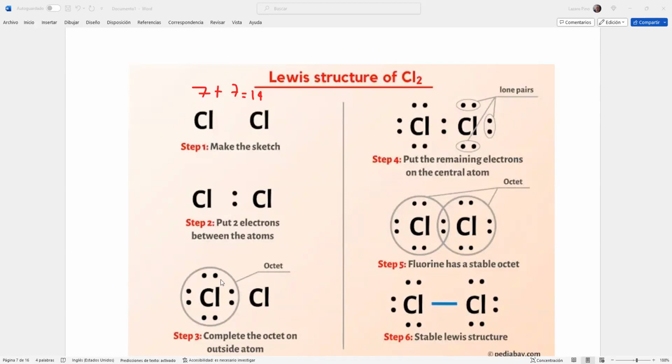Now you have 8 electrons, but you have 6 more to get the total 14 electrons represented. Then you put the 6 here. And now you can see that every atom gets the octet rule. So this is the stable Lewis structure for any kind of halogen.